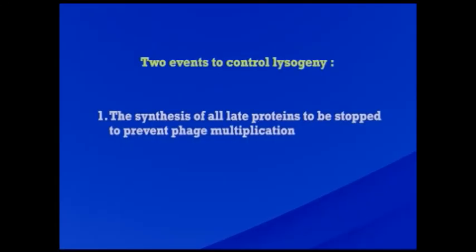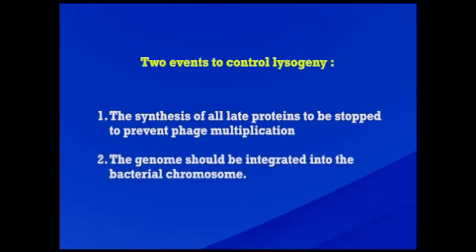So now we'll come to control of lysogeny. To establish and control lysogeny, two events are necessary, which include the synthesis of all the lytic proteins to be stopped to prevent the phage multiplication, and the genome should be integrated into the bacterial chromosome.